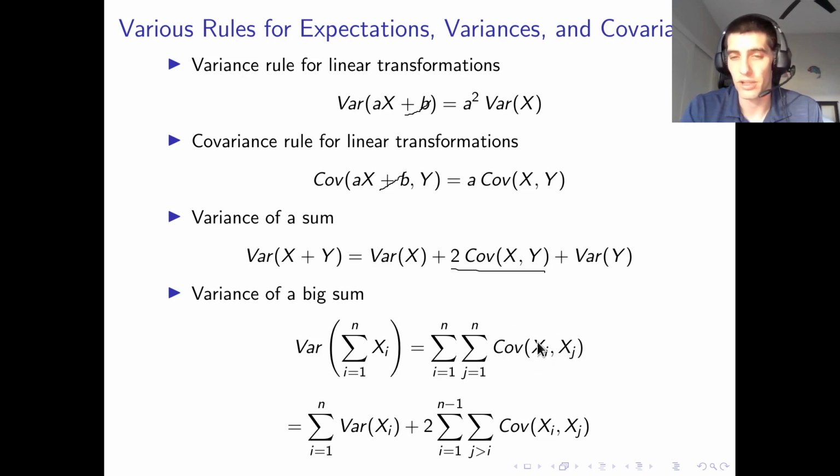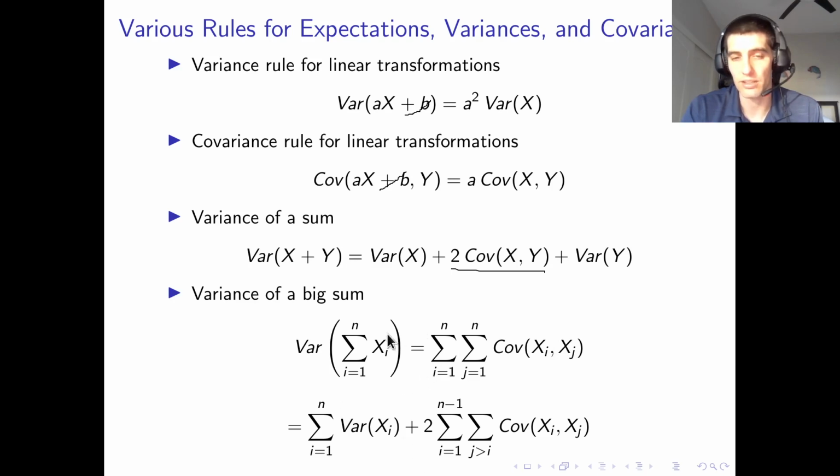The covariance of a variable with itself is its variance, as we described, and also this thing is symmetric. So you can expand this variance into a bunch of covariances, and when i equals j, this is a variance. And then there are the ones where i does not equal j. But every time that i does not equal j, there's a time when you have ij and a time when you have ji, so you can combine them and just double them.